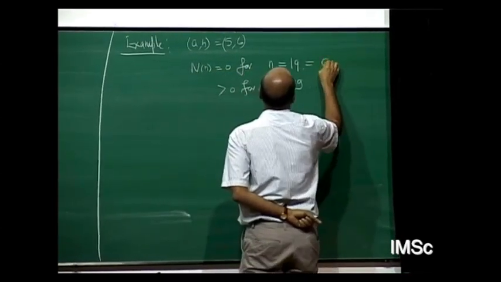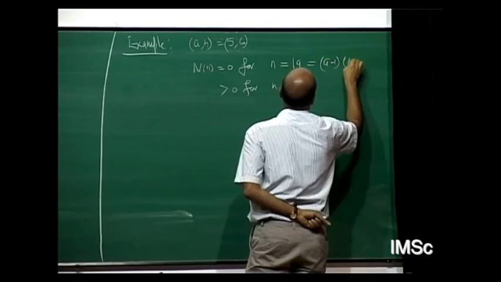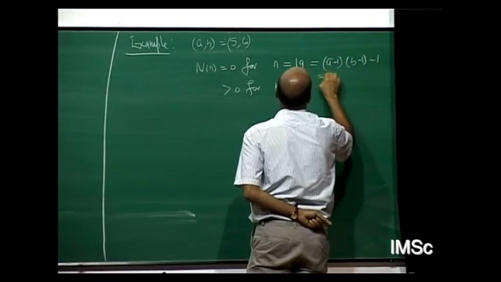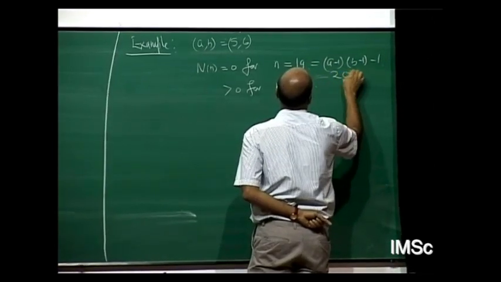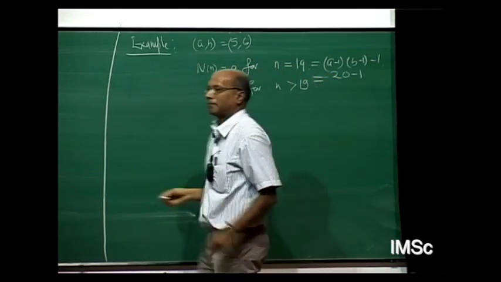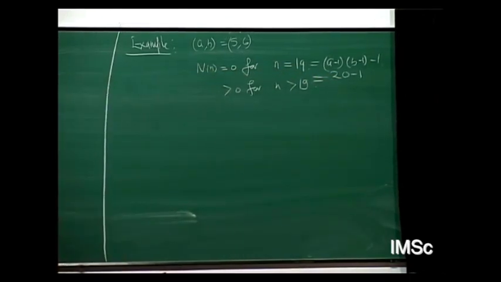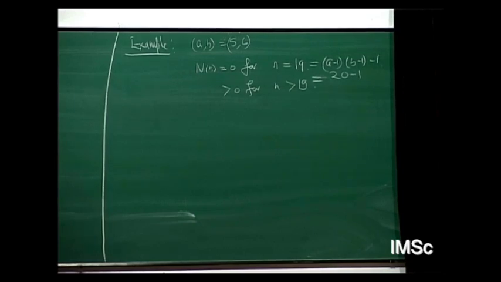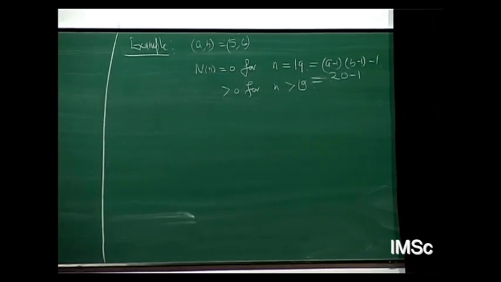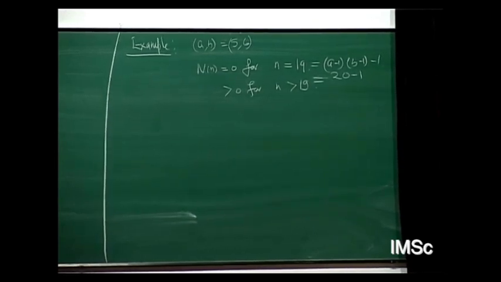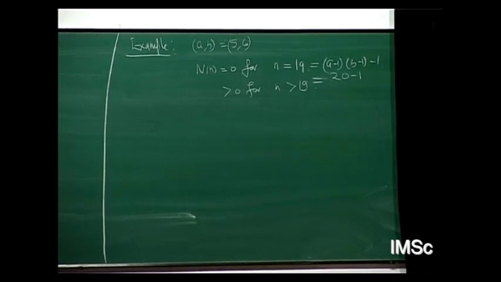This is the same thing as (a minus 1)(b minus 1) minus 1, which is 20 minus 1. So 19 is the largest integer which cannot be written as xa plus yb, but from 20 onwards it can be written.